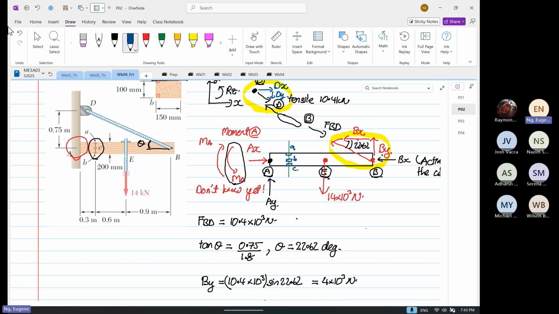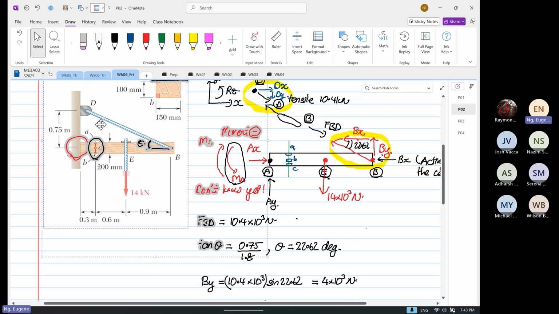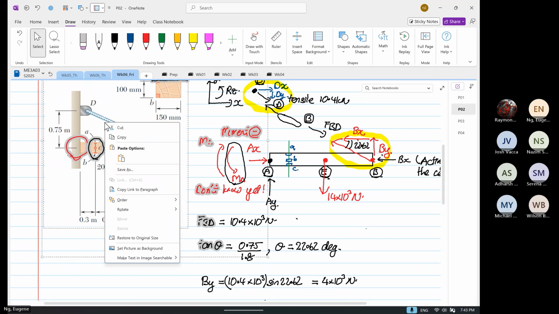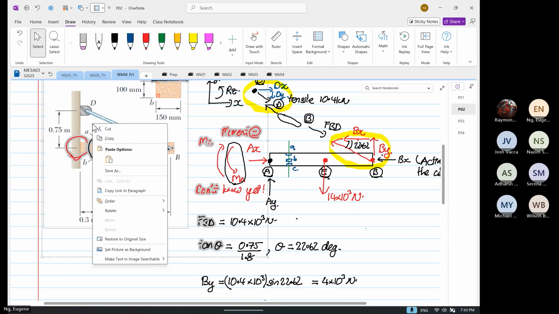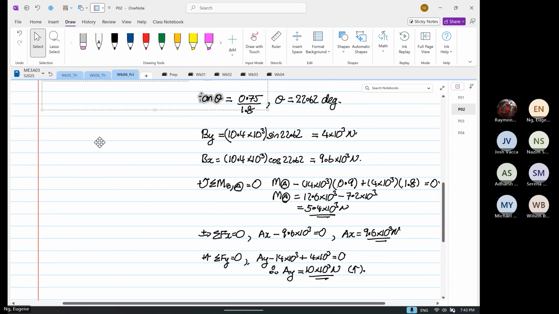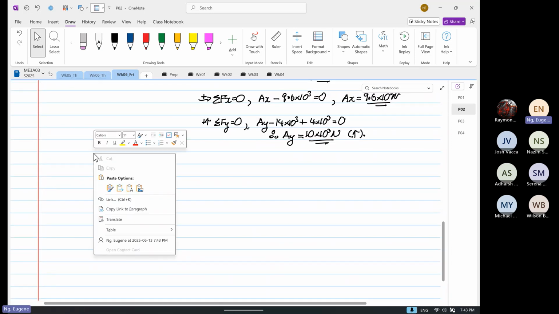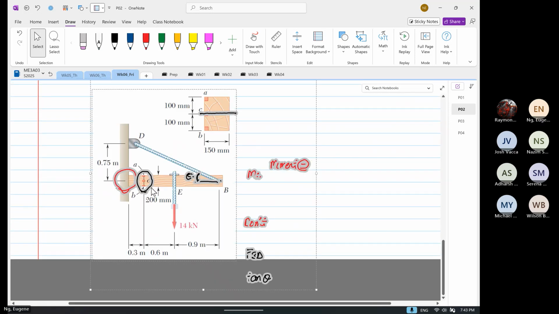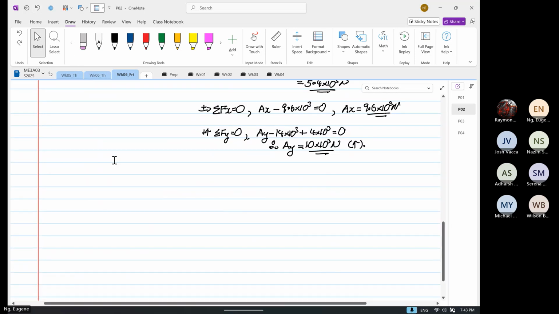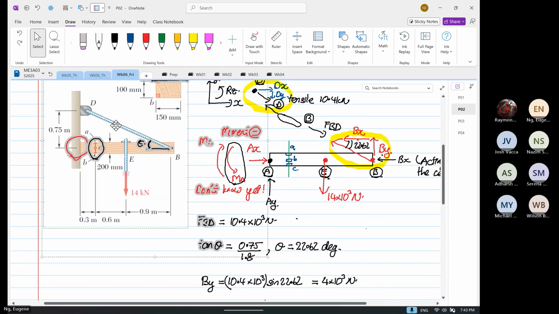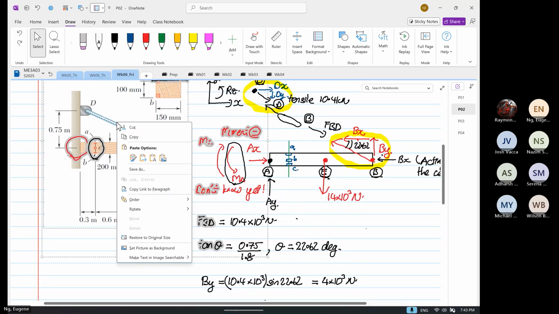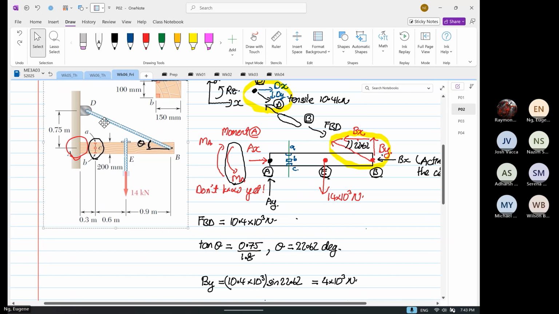Okay. So now I'm going to take the same diagram again. Let's see if it works.